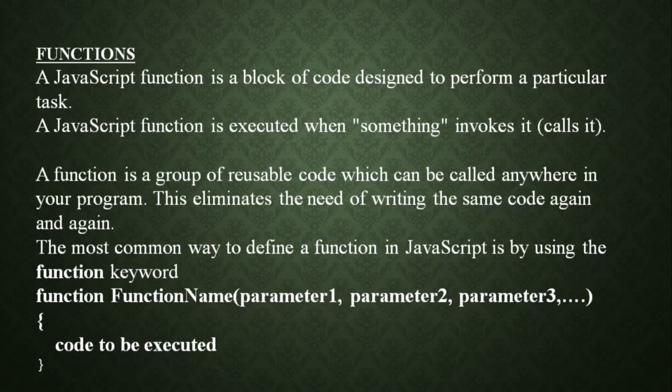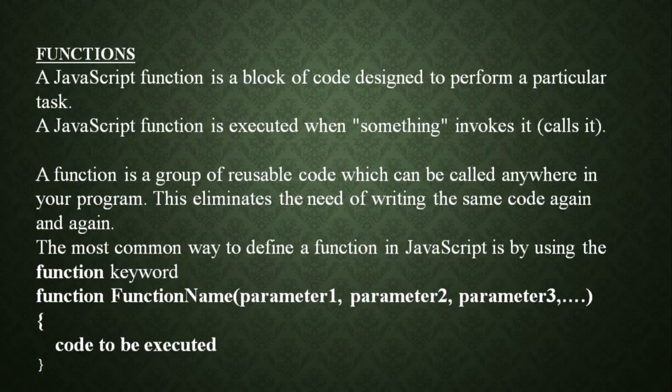Next topic is functions. What is a function? Why are we using these functions? A function is a group of reusable code which can be called anywhere in our program.